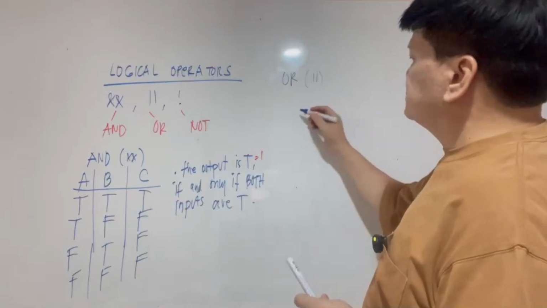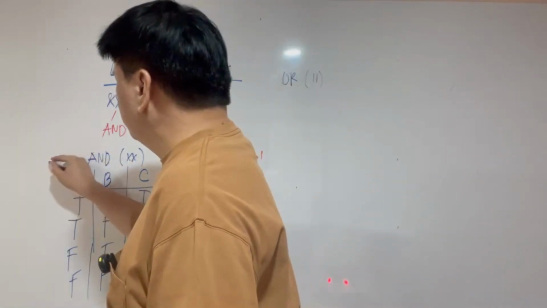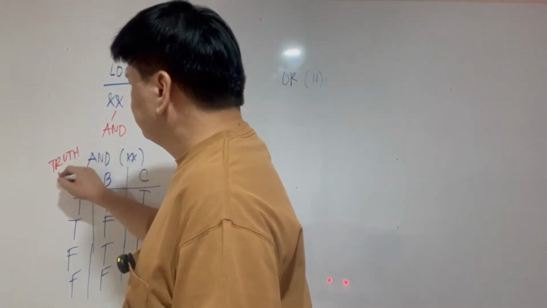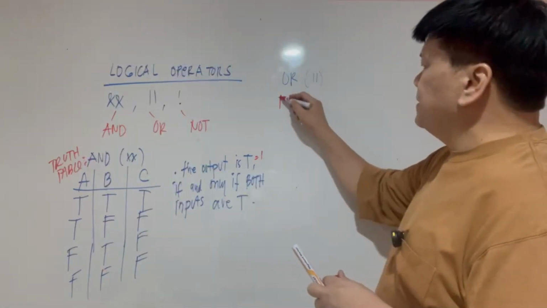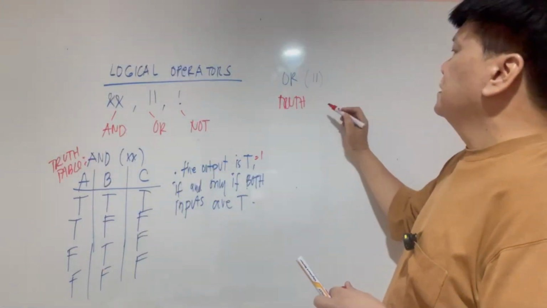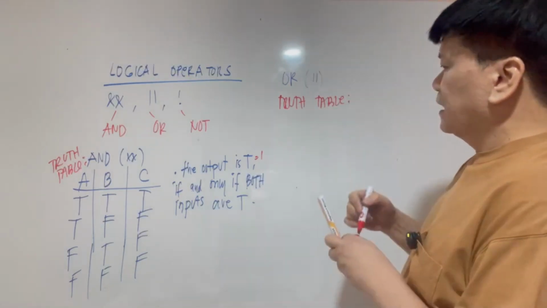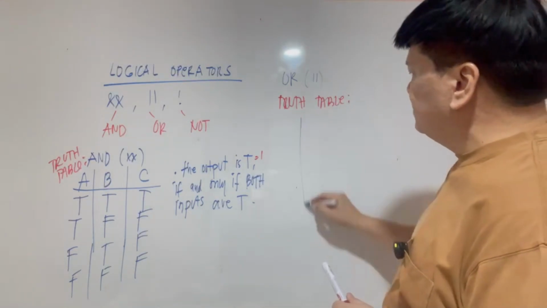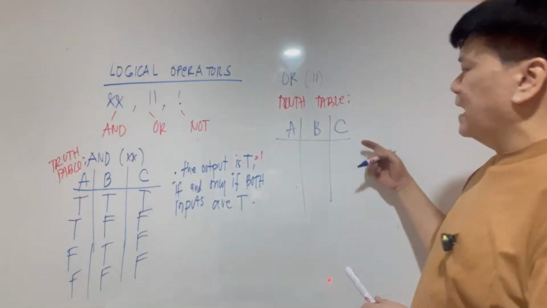Now let us create also a truth table. This is your truth table. So let us make a truth table again to define the OR operator. Again, I have here two inputs, A and B. So what will be the output?